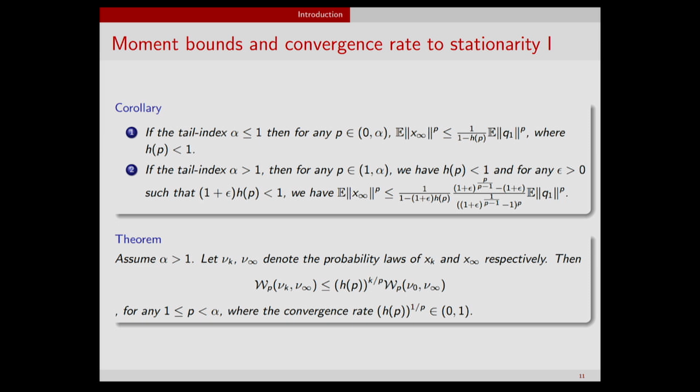Then you can study the moments, say that, okay, the p-th moment will be bounded by this. So obviously, if your tail index is alpha, only moments less than alpha will be finite. So then we can study how fast every moment blows up or stays bounded. And Wasserstein is a metric that I like. It's easier to work with, although hard to compute.